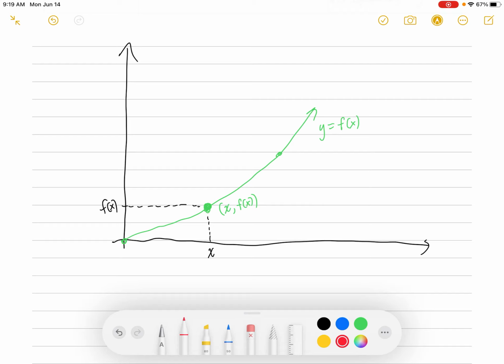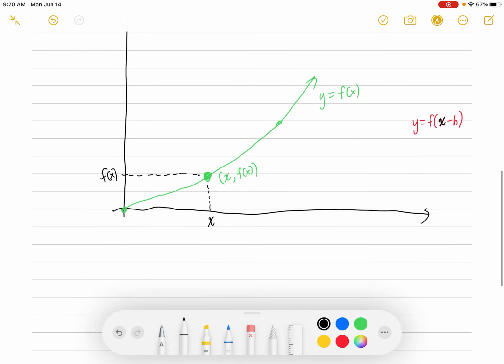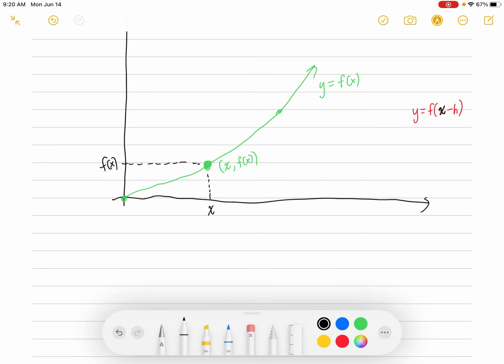Now what I want to do, I want to focus on this new function called y equals f of x minus h. Now the h is just a fixed number. It's just some number. That could be like 2 or 3 or something. But the x varies. The x can be anything it wants to be.